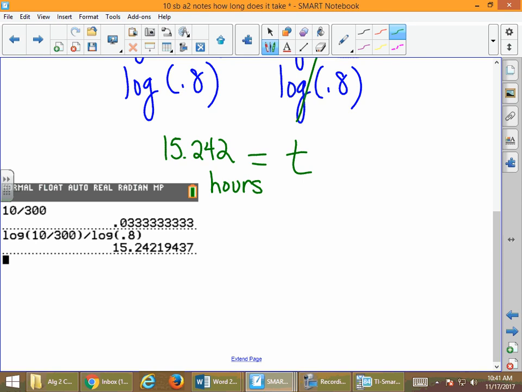It says, write an equation to help you solve exactly how long it will take us to have less than 10 milligrams. This is when we have 10 milligrams. So it has to be greater than 15.24 hours to have less than.